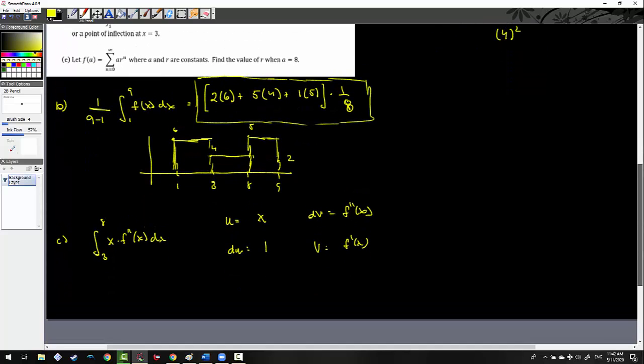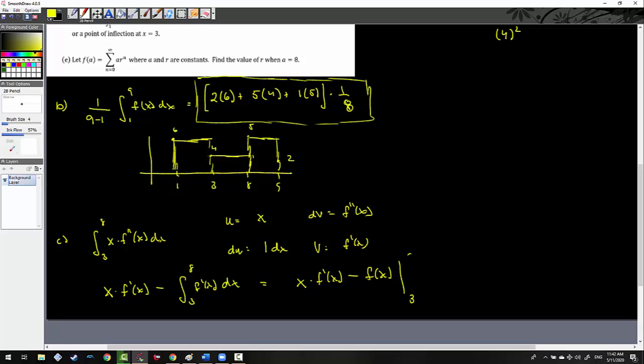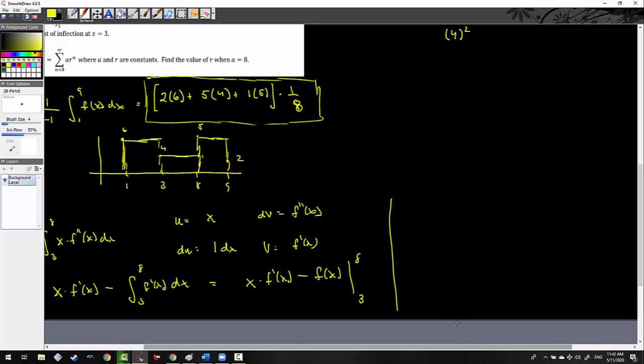So when I punch that into the integration by parts, it's u times v minus the integral, again from 3 to 8, of v, so f prime of x, du is 1 dx. I apologize for forgetting the dx. And then that's going to be x times f prime of x minus f of x on 3 to 8. Now it's just a matter of plugging stuff in, so I'll go ahead and do that over here.